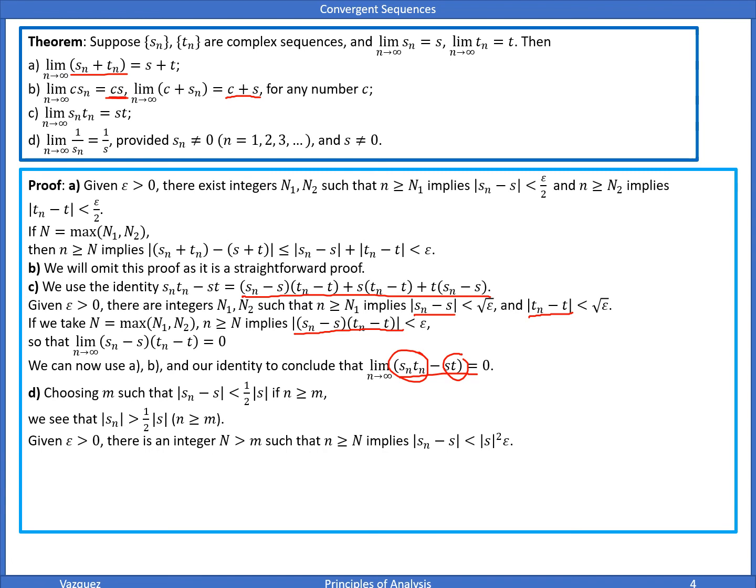So given epsilon greater than 0, there's an integer n greater than m such that n greater than or equal to big N implies that this difference is smaller than S squared times epsilon. Right? This here gets arbitrarily small. And how small? Less than 1 half of S squared.